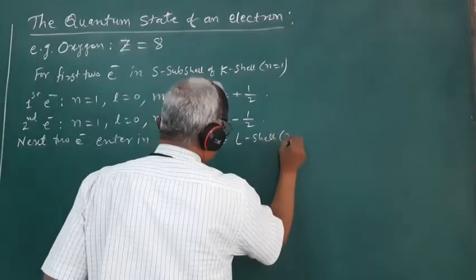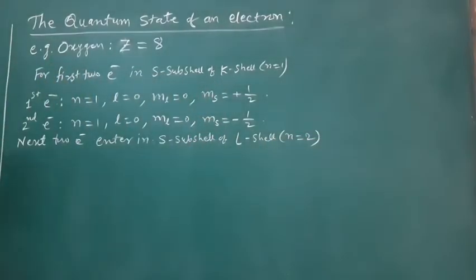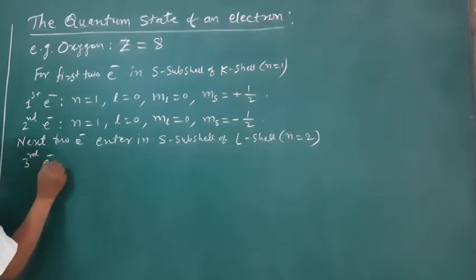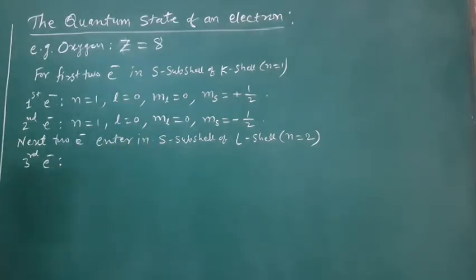And for the L shell, the value of n, the principal quantum number, is 2. So we can write the four quantum numbers for the two electrons in the s subshell of the L shell.